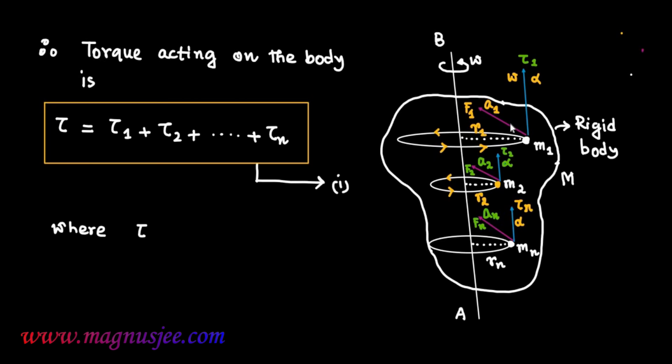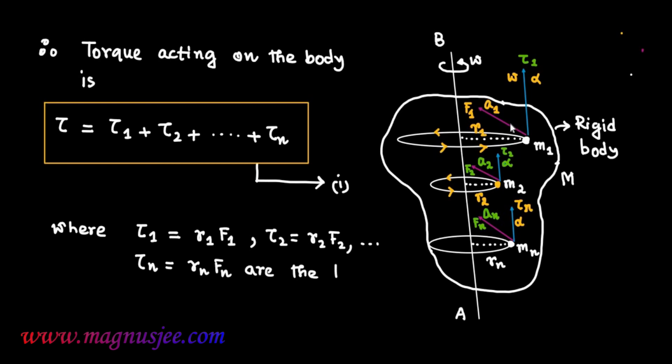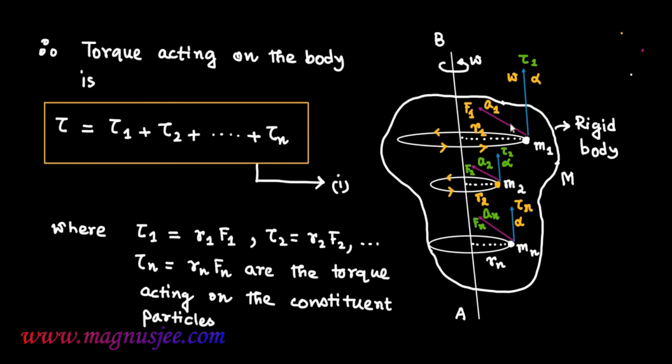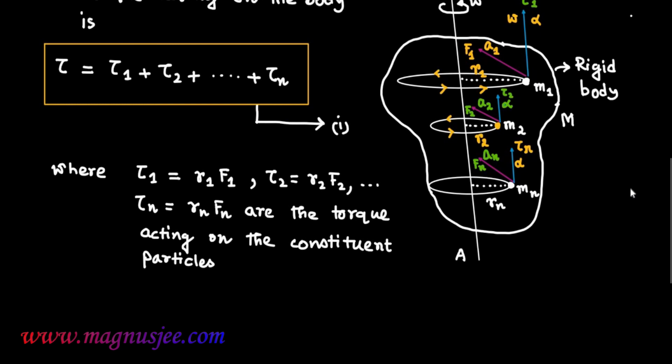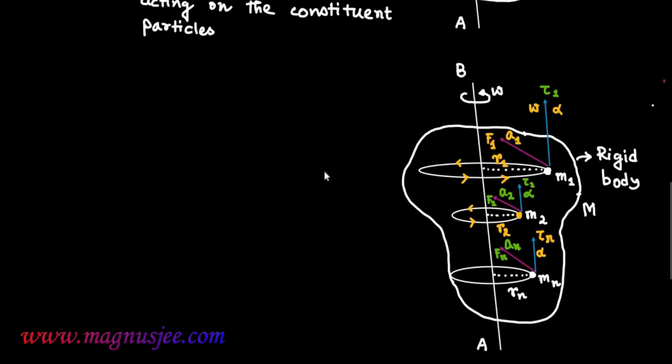The expression of torque is the product of perpendicular distance and force: tau1 equal R1 F1, tau2 equal R2 F2, tau n equal Rn Fn are the torques acting on the constituent particles in vertically upward direction, provided these constituent particles revolve in anti-clockwise direction along horizontal circular orbits.